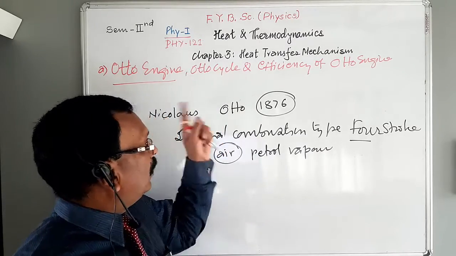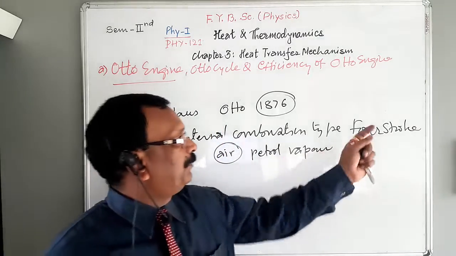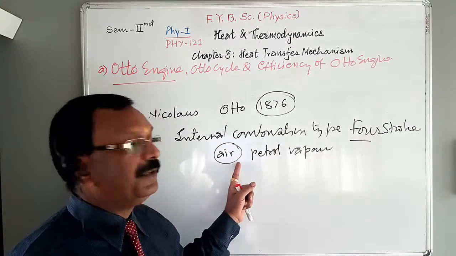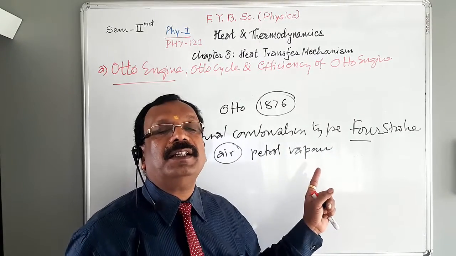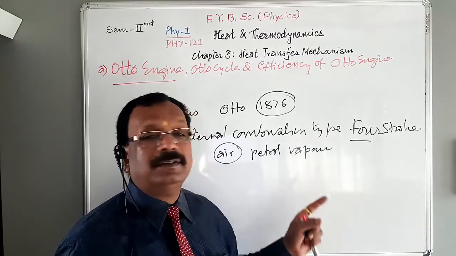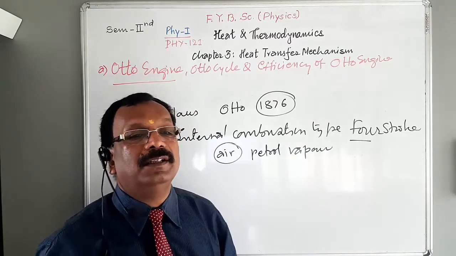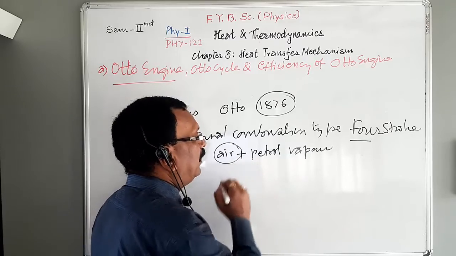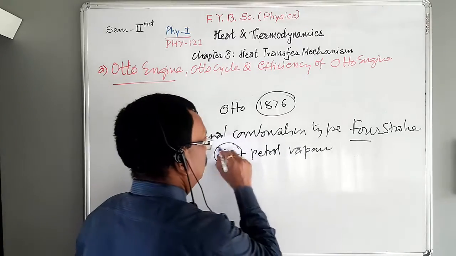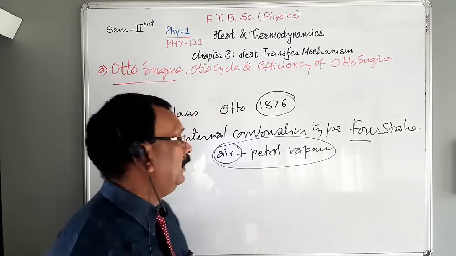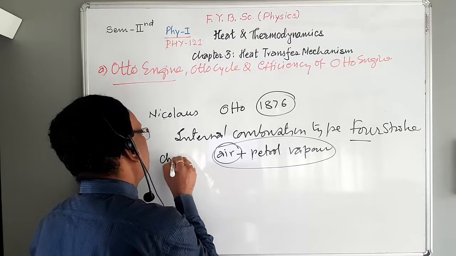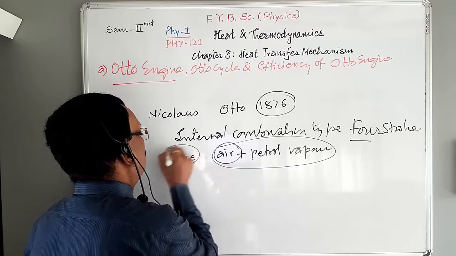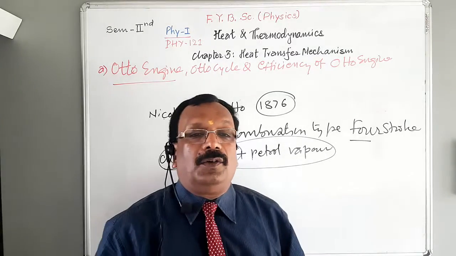Remember that the Otto engine is an internal combustion type 4-stroke engine, and in this type of engine, air is the working substance and petrol vapor acts as the fuel. So the mixture of air and petrol vapor is nothing but the charge for the Otto engine.